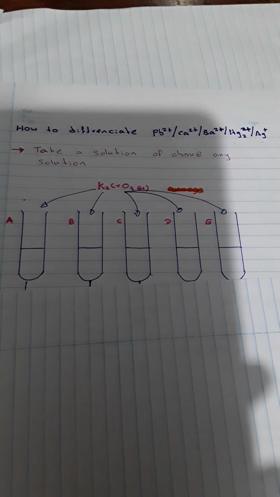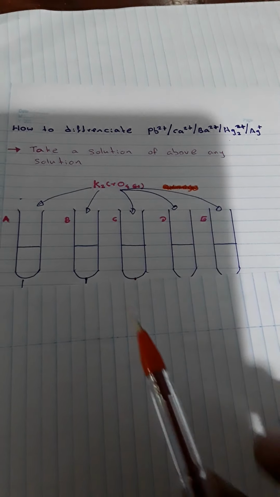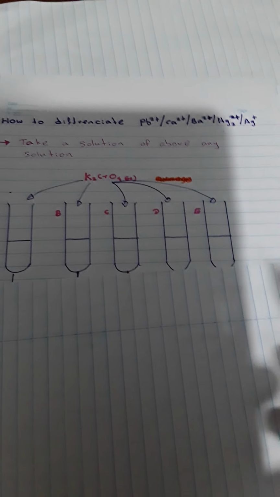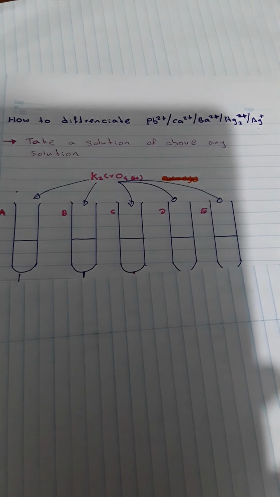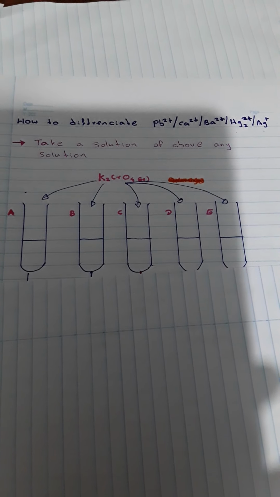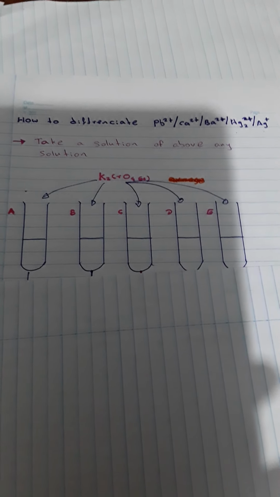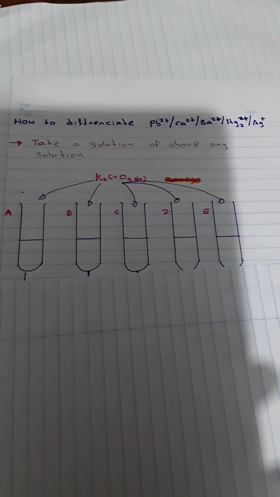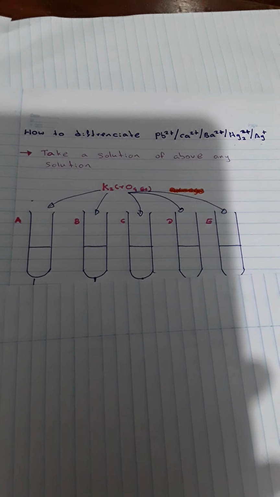Now if there is one particular reagent with which all five cations can be identified, that will be a somewhat easy method, right? So we have one solution that we can add to all these five and identify them.